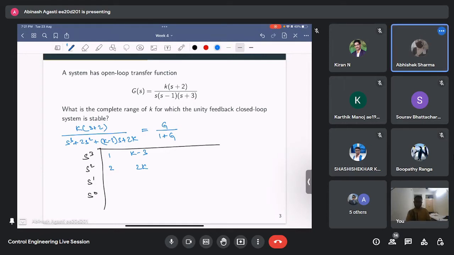Minus 2. Okay. Then what should go here? 0. What should go here? 2K. Here 0. So now tell me, under what conditions for K can we say that the system will be stable?